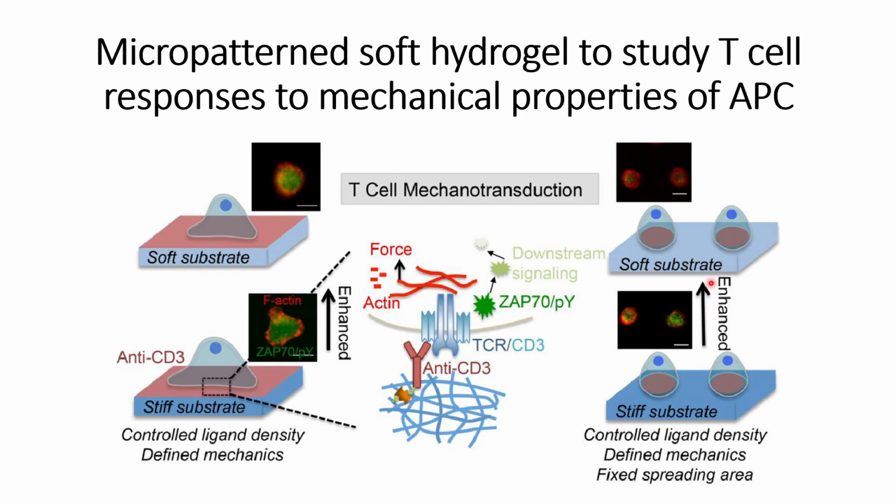But what they observed is that the results they are getting with their micropatterned soft hydrogel are similar to the results people have seen in in vivo studies of T cell interactions with antigen presenting cells.